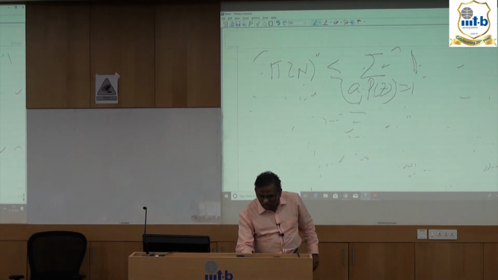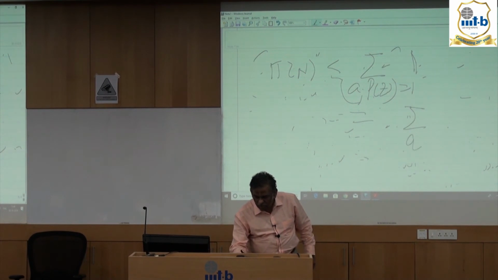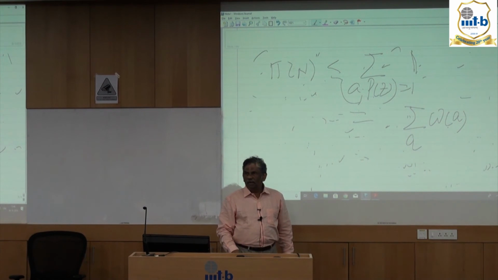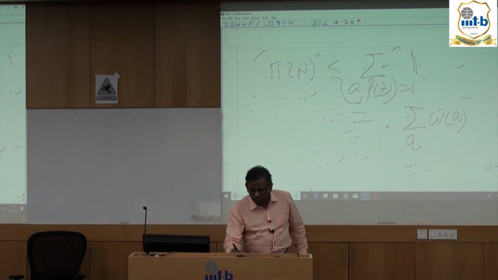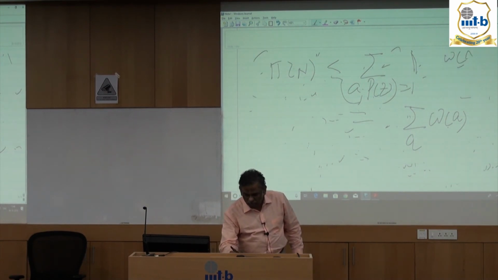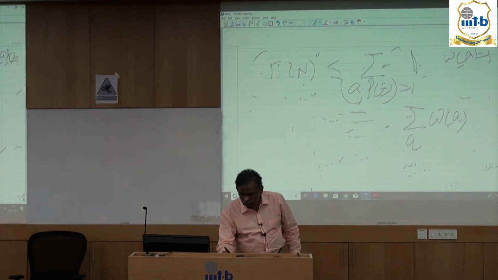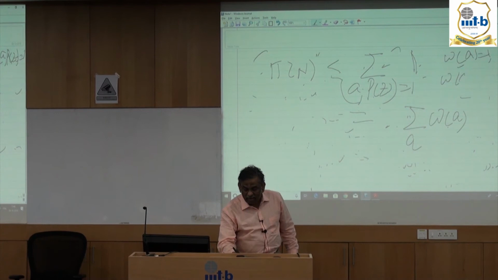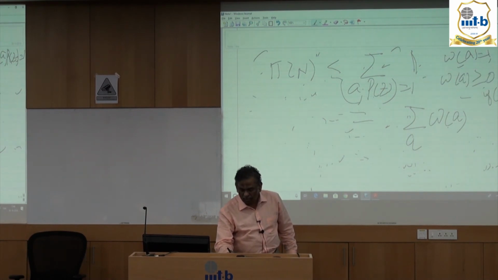This number I can also write as summation over A of omega A, where omega A has the property that omega A is equal to 1 if A and P z are co-prime, and omega A is greater than or equal to 0 if A and P z are not co-prime.